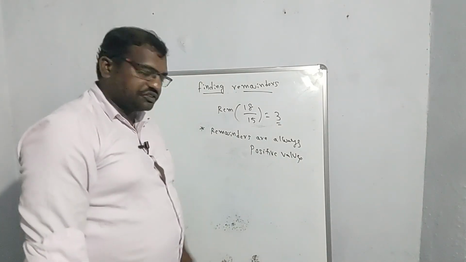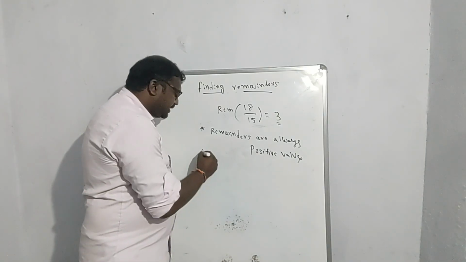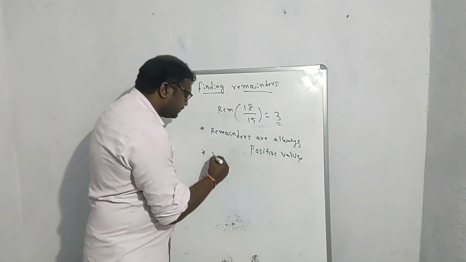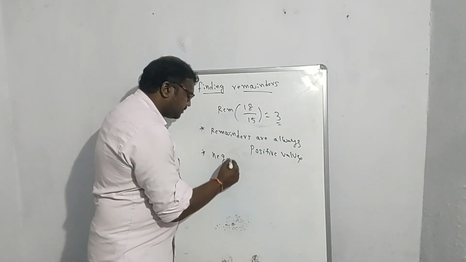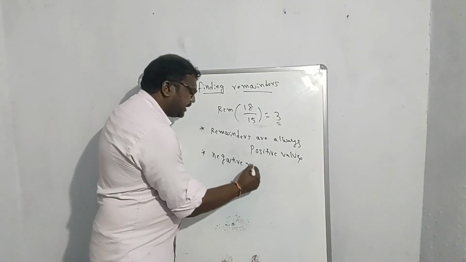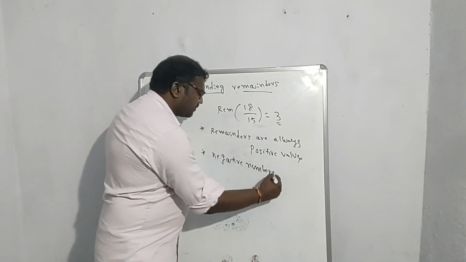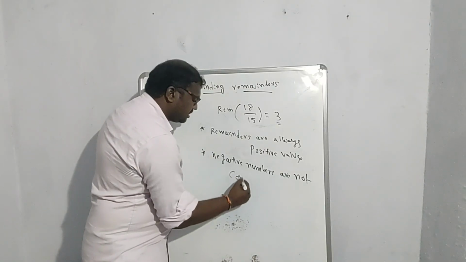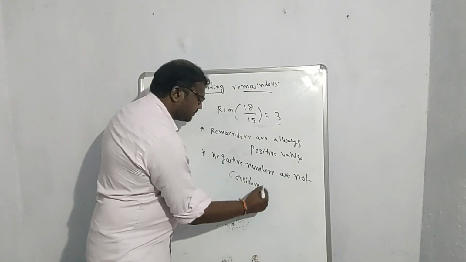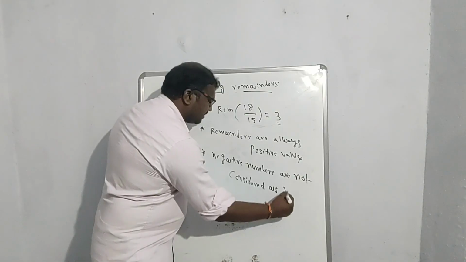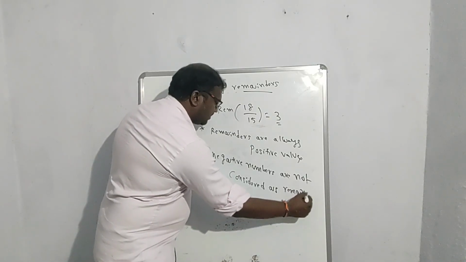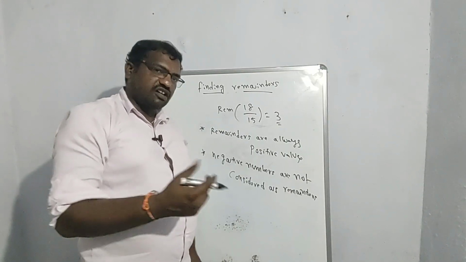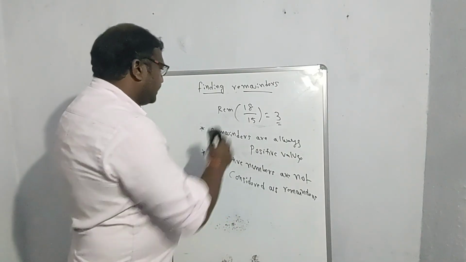Negative numbers are not considered as remainders. So remainders are always positive values. Negative numbers are not considered as remainders.